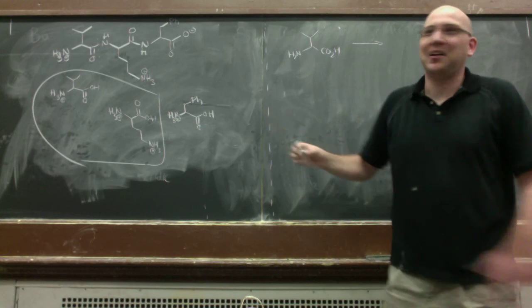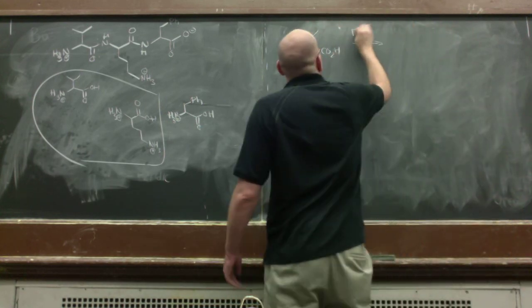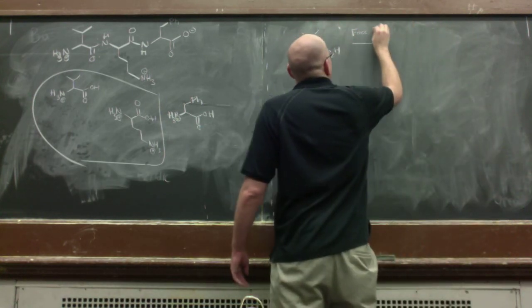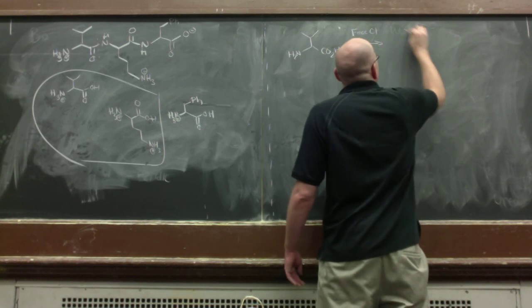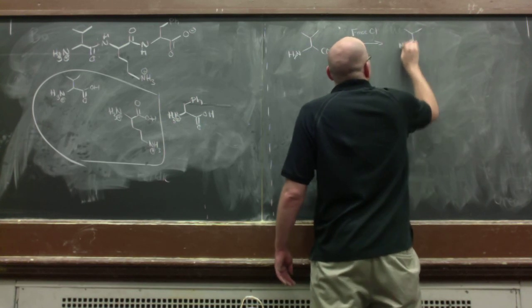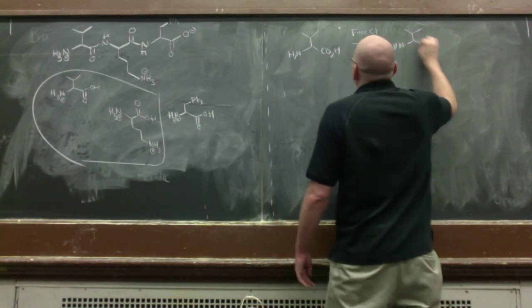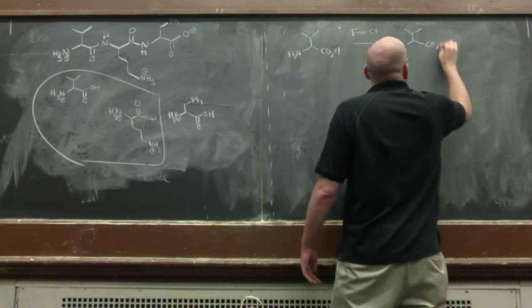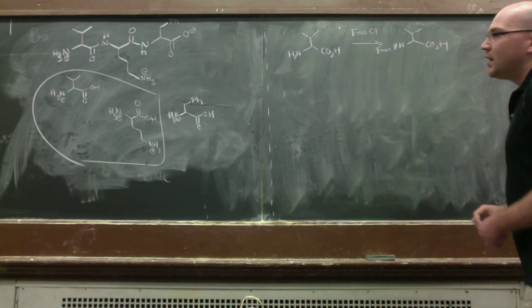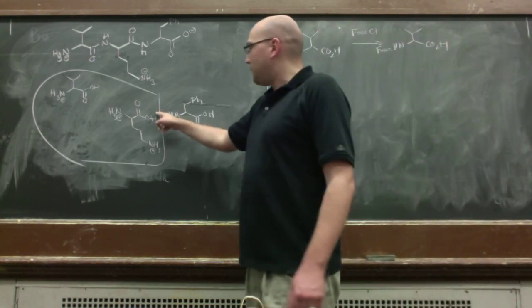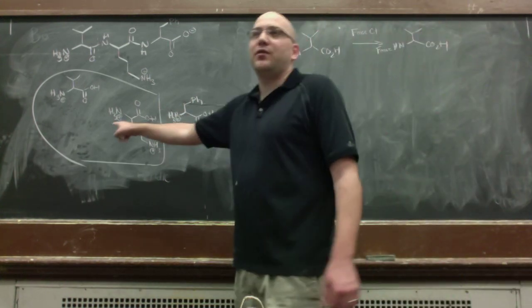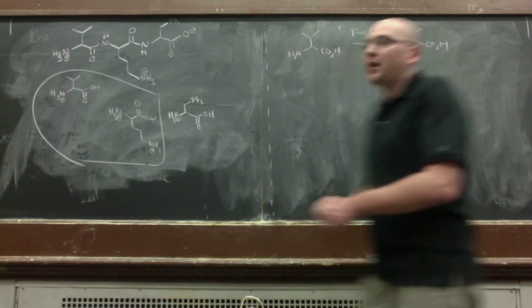Fmoc, okay? For the time being, I'll just say Fmoc fluoride. So we'll protect this with Fmoc fluoride, okay? And now we have to protect this group and somehow leave this group free, okay?